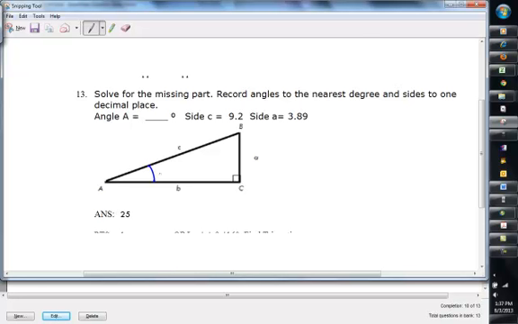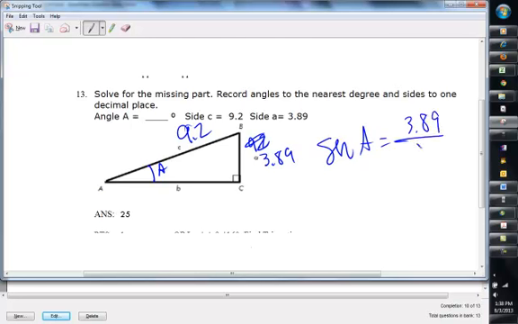Find angle A. C is 9.2. A is 3.89. Sine of A is 3.89 opposite over hypotenuse 9.2.